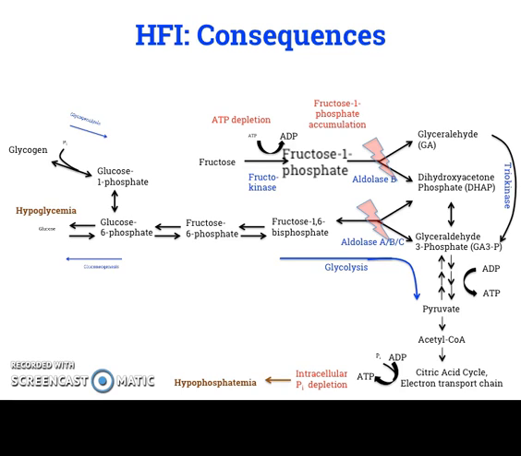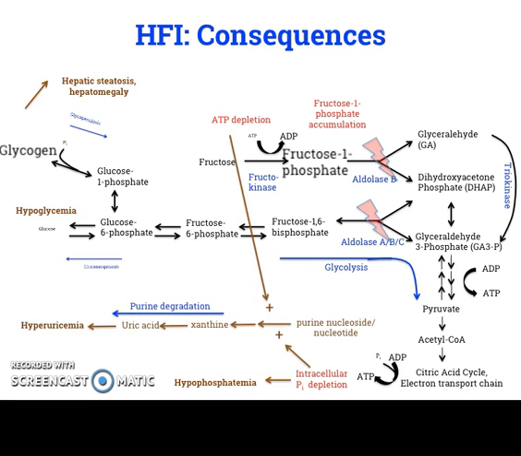When or if fructose is chronically ingested, the other consequence of this is that the liver ends up storing this excess glycogen, leading to hepatomegaly and steatosis within the liver cells. Now, intracellular depletion of ATP and phosphate also promotes AMP deaminase and other enzymes which are key in purine degradation, and this leads to increased production of uric acid.